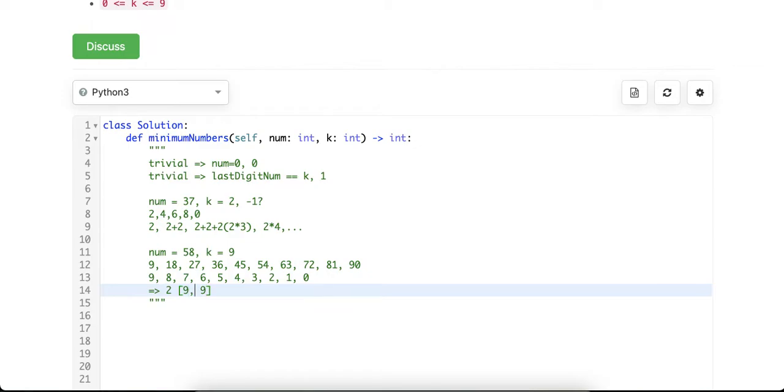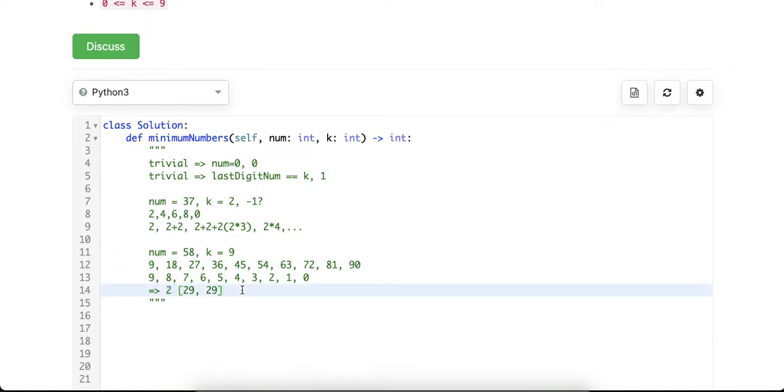So for example, this can be 49, this can be this one, this also can be this one, right? So you can see that the rest of the digits are easy stuff. Once you already check that the last digit is possible, you already get the answer. 8 comes from 9 times 2. So the answer is 2.